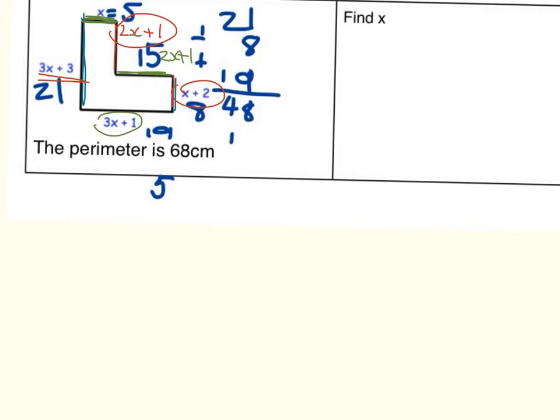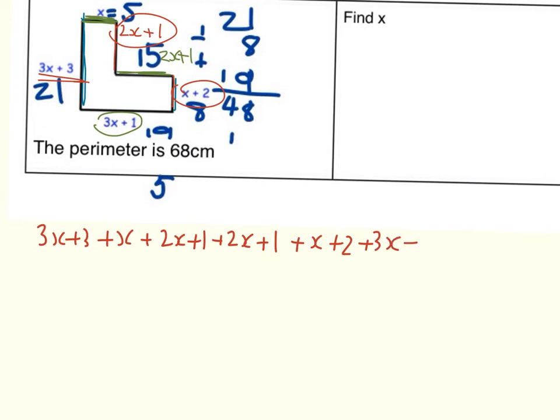So the perimeter of this shape is going to be each of these lengths added together, okay? So what I've got is 3x plus 3 plus x plus 2x plus 1 plus 2x plus 1 plus x plus 2 plus 3x plus 1.